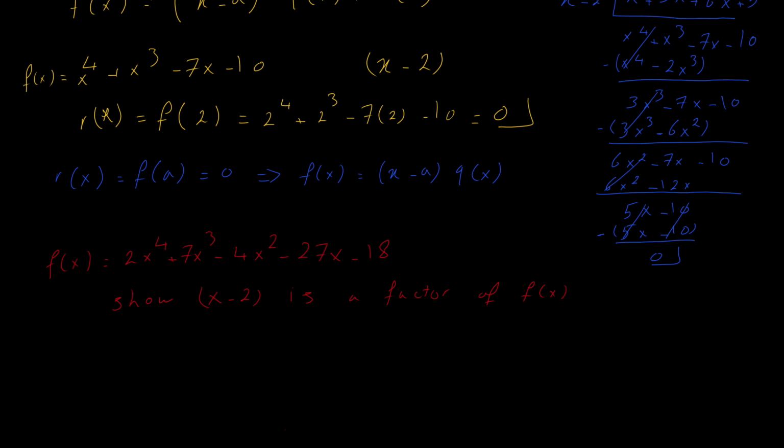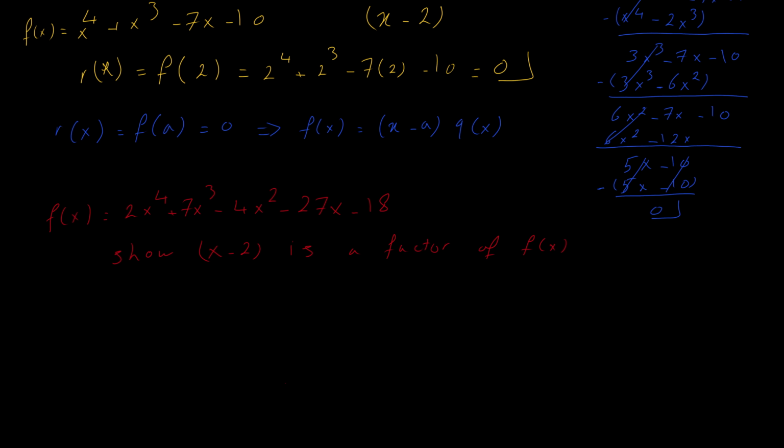Or what we can do is to use the theorem that we just learned. And that states that if the R of x, which is the remainder, which we said is equal to f of a, is equal to 0, then x minus a is the factor. So here a is equal to 2. So we plug it into the function, and if the answer is equal to 0, then x minus 2 is a factor.